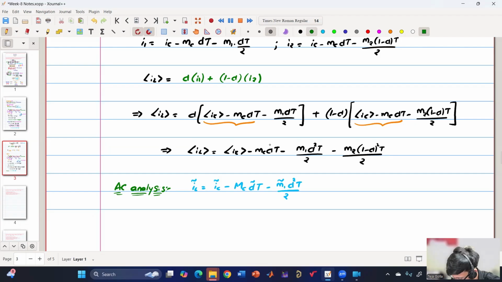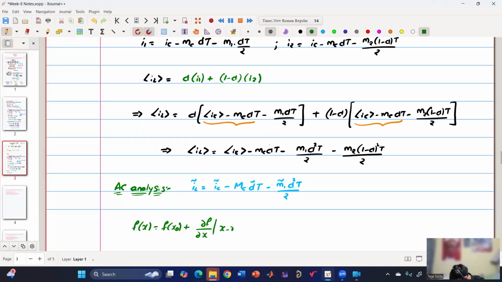So you know this Taylor expansion. If we have f of x function and we want to linearize it, we write f of x as f of x naught plus dou f by dou x into x minus x naught, plus dou square f by dou x square into x minus x naught whole square, plus higher terms.